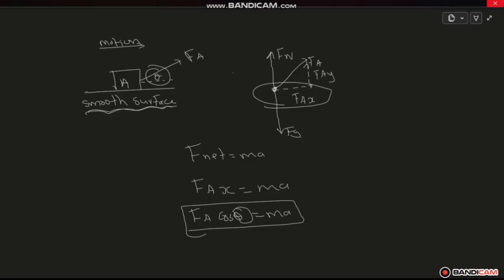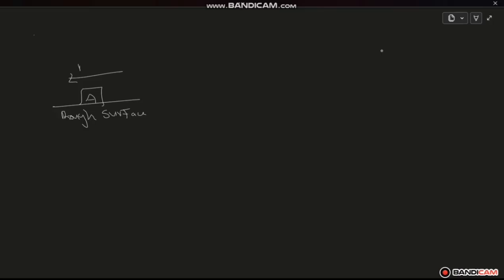The second thing we can talk about right now, but before that, make sure that you understand this, please. We have our object here, object A. Then they say that the surface is rough. It means that there is frictional force. The direction of motion is to the left.